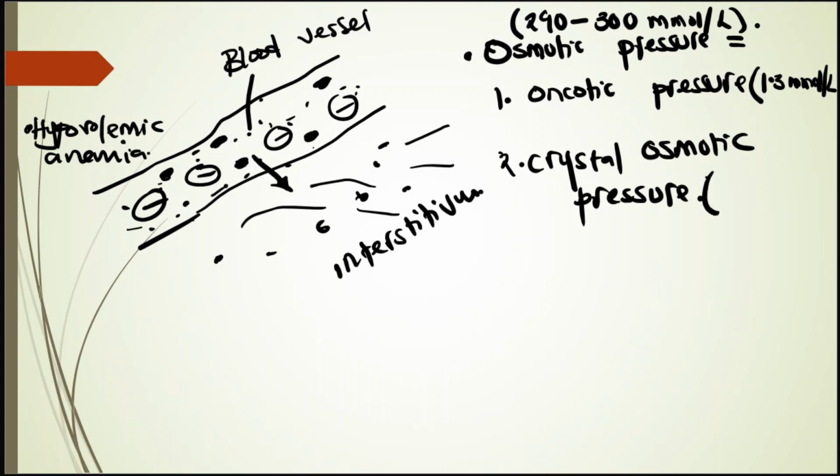Crystalloid osmotic pressure is 298.5 millimoles per liter. Now, the question is, what provides crystalloid osmotic pressure?